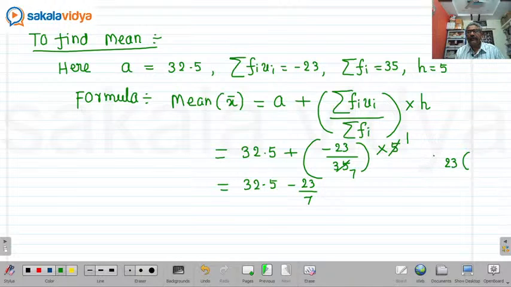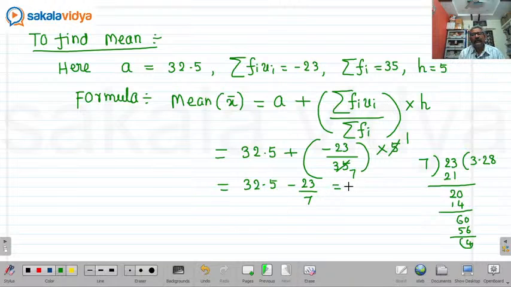Okay, let us try like this. 7 threes are 21. 2, it won't go. Put 0 and point. 7 twos are 14. And 6 we will be getting, 7 eights are 56. Okay, stop, no problem. It will be continued. 3.28 approximately. 32.5 minus 3.28.